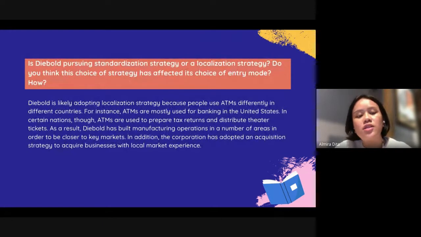And the last question is: is Diebold pursuing a standardization strategy or a localization strategy? Do you think this choice of strategy has affected its choice of entry mode, and how? Diebold is likely adopting a localization strategy because people use ATMs differently in different countries.